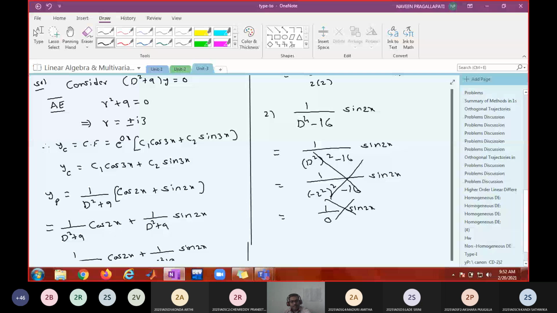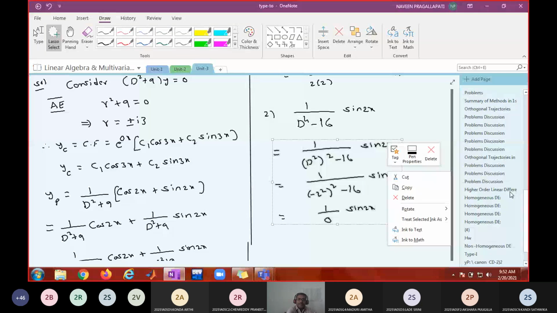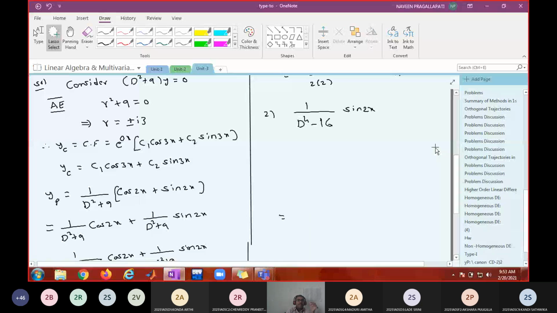Yes, sir. In that case, what do you want me to do? So how do you do this problem then? D power 4 minus 16 is d square whole square minus 4 square.